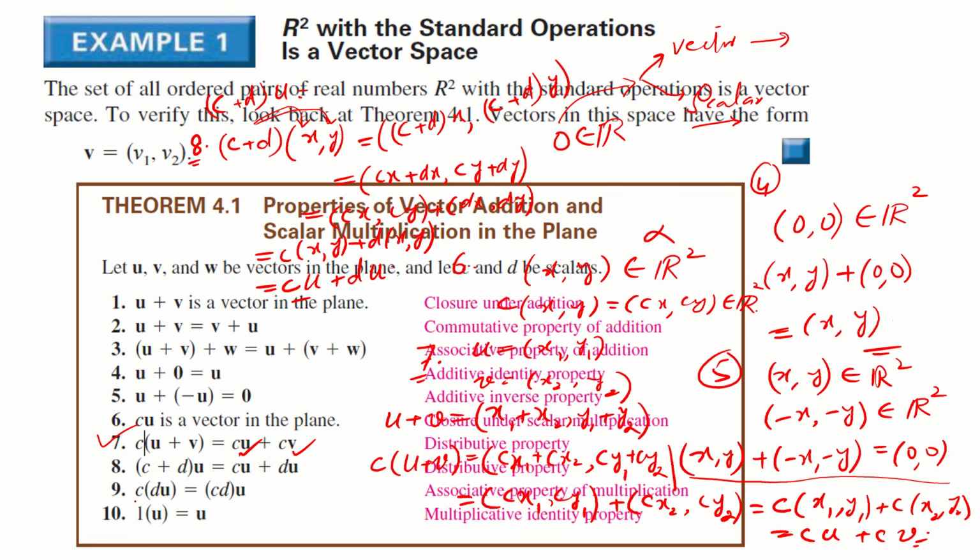And then this condition can also be checked. Condition number 9. So we have du first. So du means that is (dx, dy), then c(du), that is what, multiplying c inside. So we get c into dx comma c into dy.